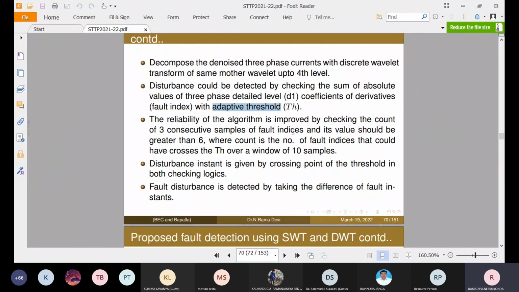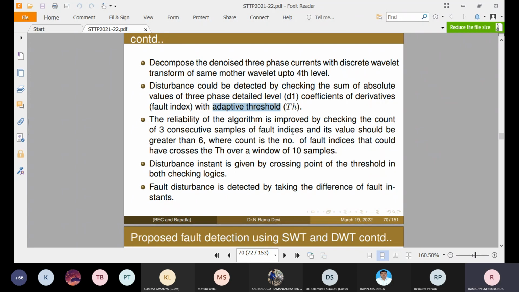At every sample point we compute the fault index over a window of 10 samples. How many fault index values cross the threshold? That many values are represented as the count.